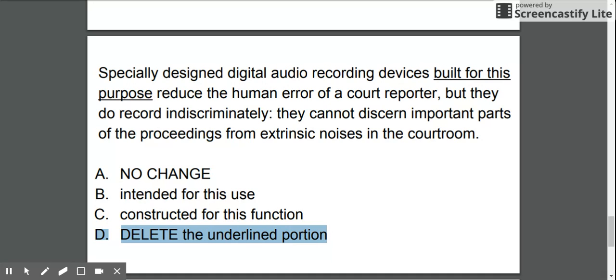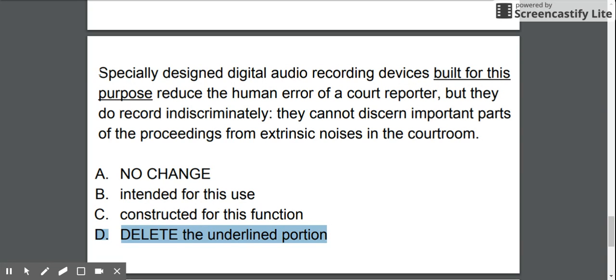So here, if I look at the sentence and I read it through without the underlined portion, I'm left with specially designed digital audio recording devices reduce the human error of a court reporter, but they do record indiscriminately, etc. Here, if I eliminate that, my sentence totally still makes sense.